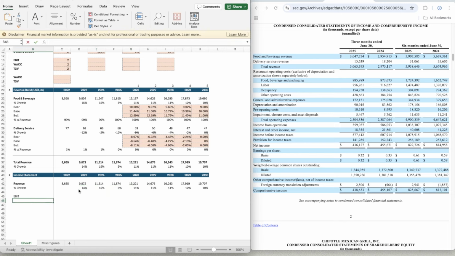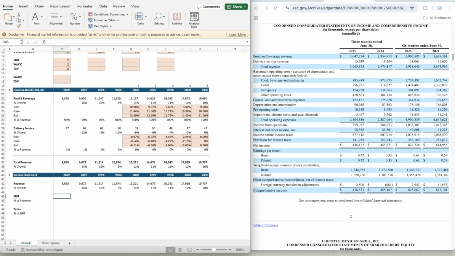Then we bring in the EBIT, which is the earnings before interest and tax. And then we have taxes at the bottom, and we need that as a percentage of EBIT.